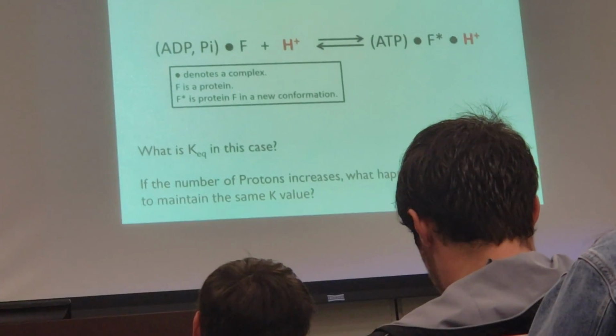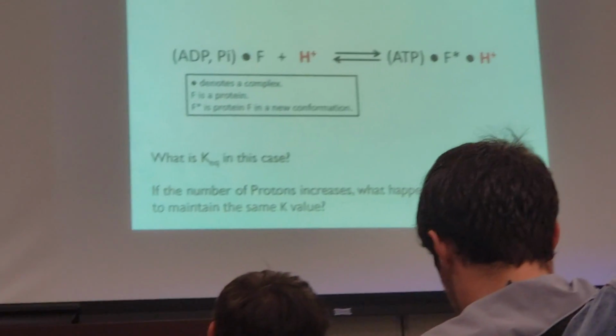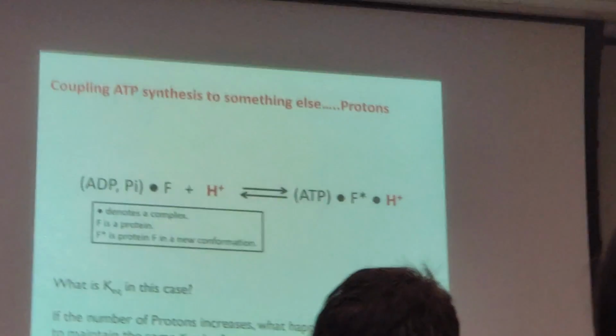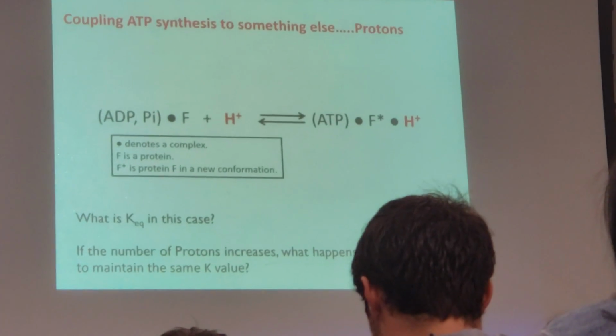All right, well, the key to driving it to the right is to basically write the same equation, but now involve protons in the equation. So here's where protons come in, and basically this is the same equation. I still have F, I still have some conformational change going to F star, but now I have the binding of protons in this equilibrium.